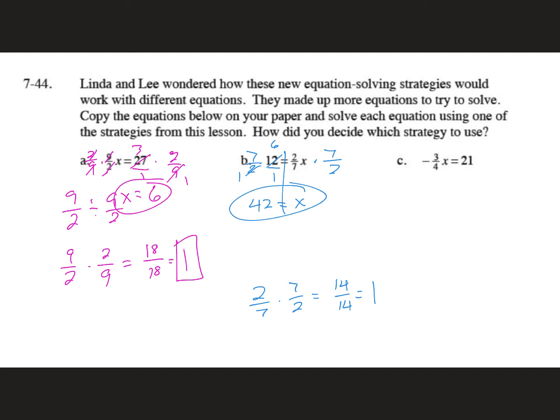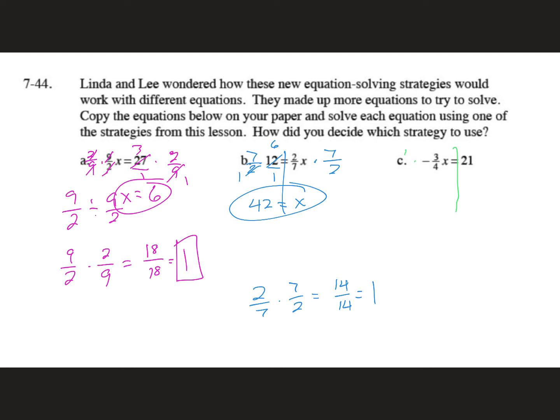Okay? It would be probably a good idea for you to pause the video right here and work out problem C, just to double check to make sure that you're understanding it correctly. All right, so negative 3/4 x. Again, my operation is multiplication. The inverse operation of that would be division.